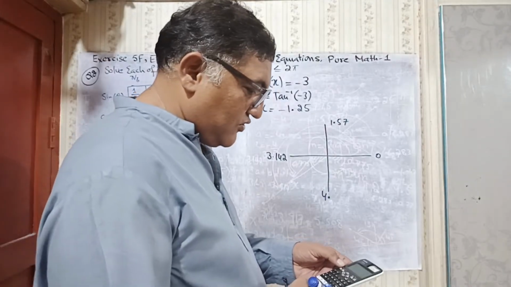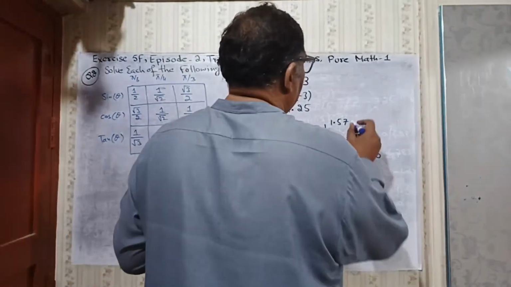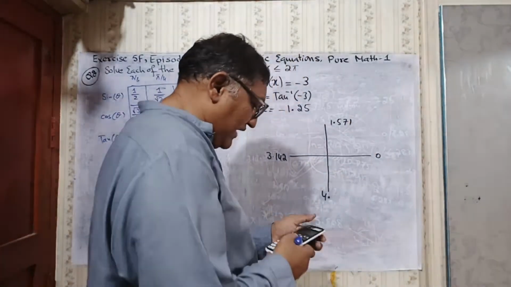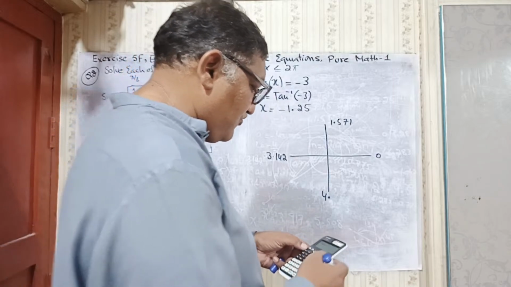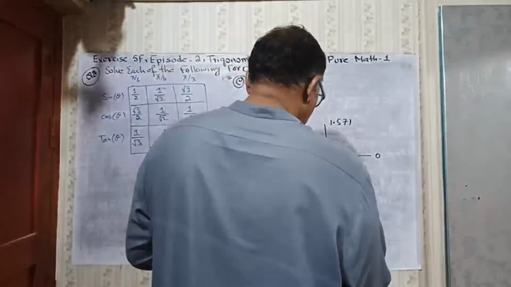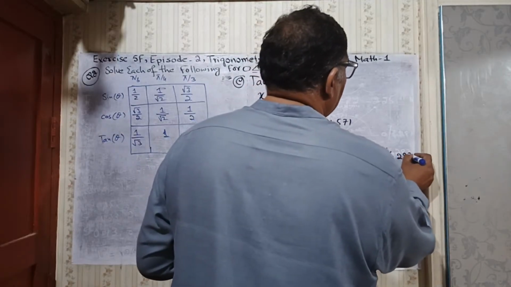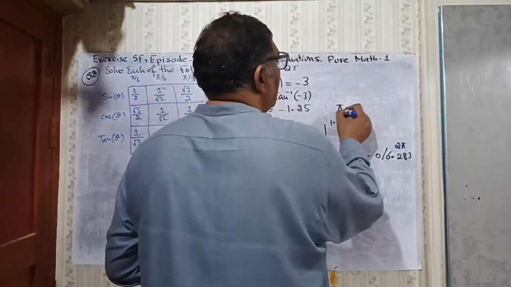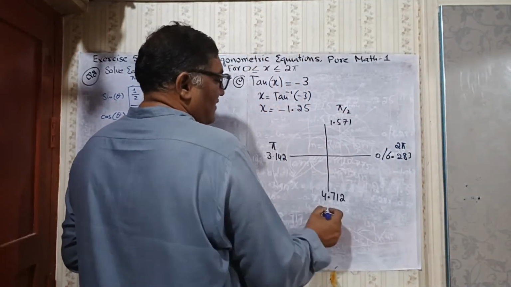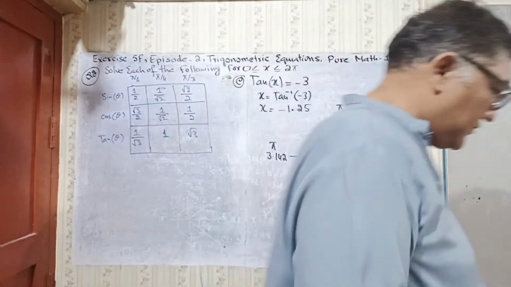Pi divided by 2 is 1.57. And this is 1.5 pi. 1.5 multiplied by pi equals 4.712. And this is 6.283, which means 2 pi. This means pi by 2, this means pi, this means 3 pi by 2.